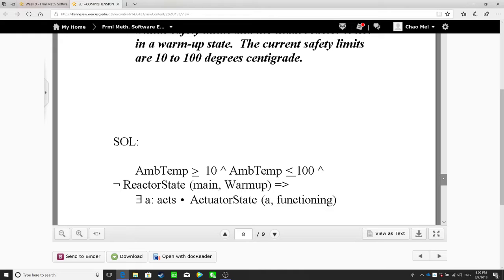Let's see. If you put this E here, if there exists an A, an actuator, such that if this is, then blah blah. If you put this E here, you have to then put this whole part, E A X, there, and the dot here.